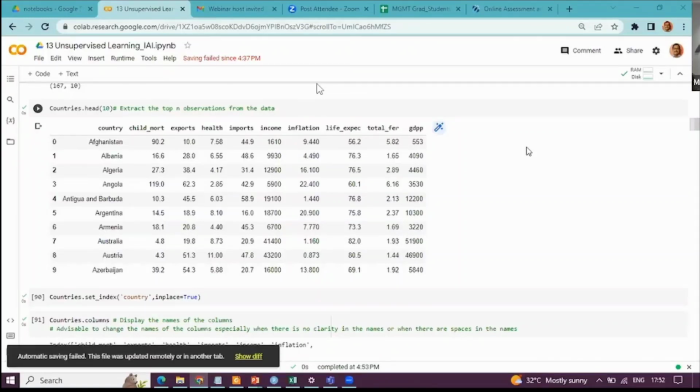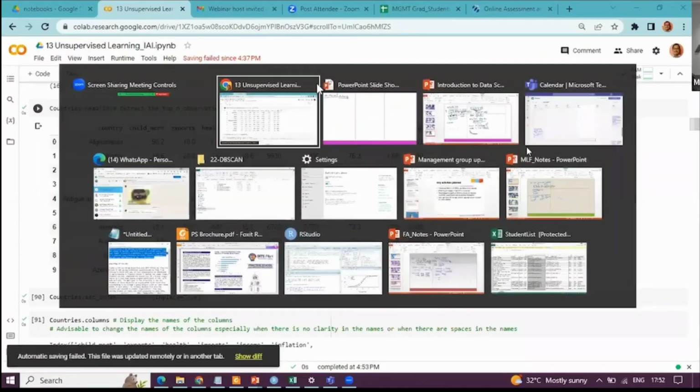Now that is the reason we want our clusters to be as good as possible. As good as possible, there are two ways of looking at it.